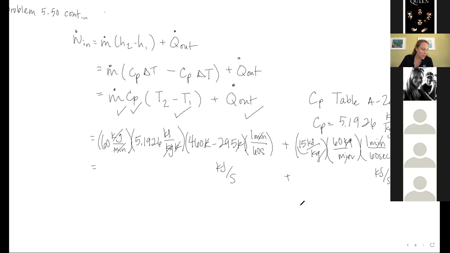When we multiply all this math out, we get Wn equal to 872 kilojoules per second, or 872 kilowatts.